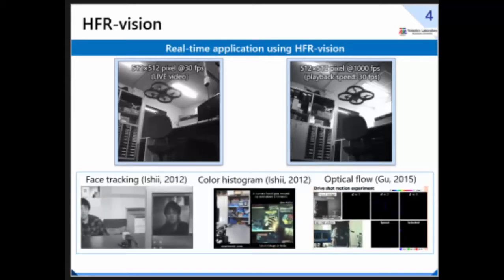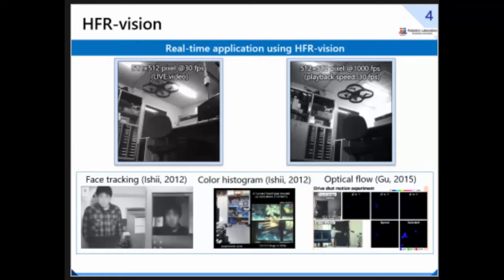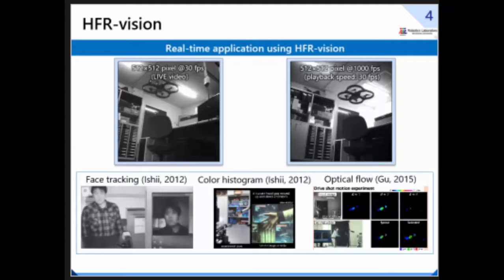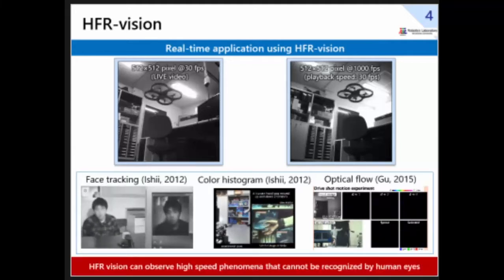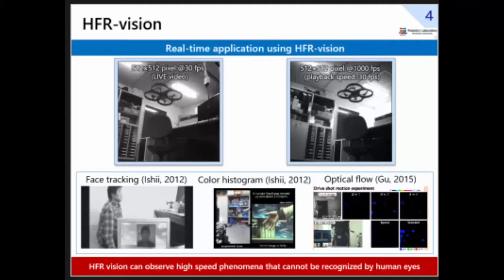Their effectiveness has been demonstrated by object tracking algorithms with appearance-based features, such as face tracking, color histogram, and optical flow. High-frame vision can observe and process high-speed phenomena that cannot be recognized by human eyes.